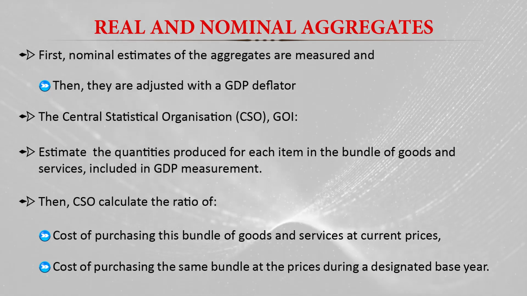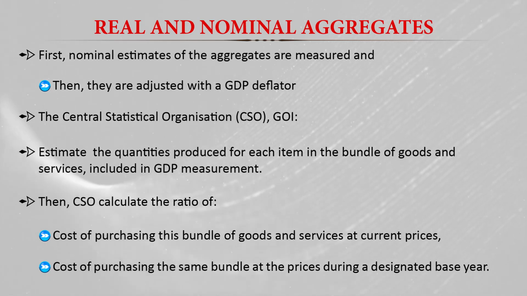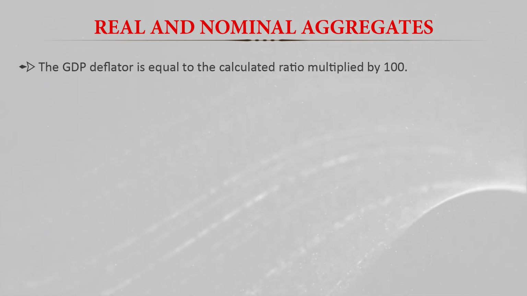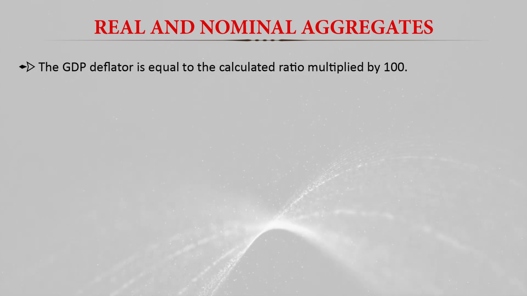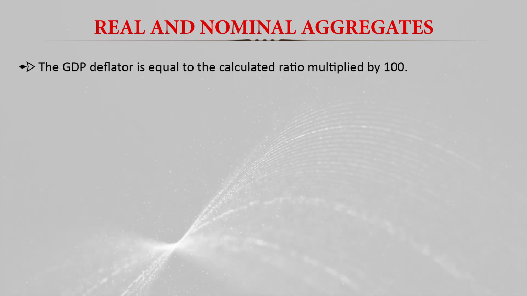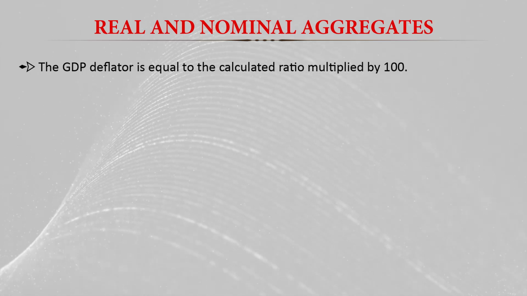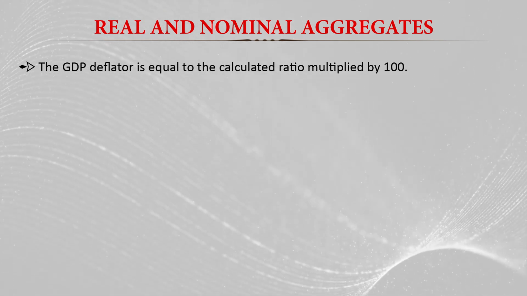So basically, if you are calculating the value of the current GDP on a certain base year, what we do is calculate the value of that bundle of goods and services in the current year, and we divide by the cost of purchasing the same goods and services in the base year.